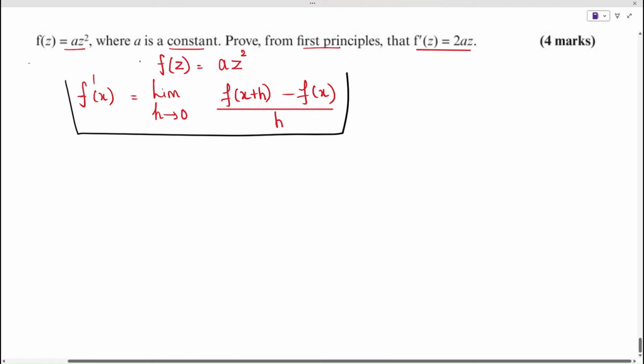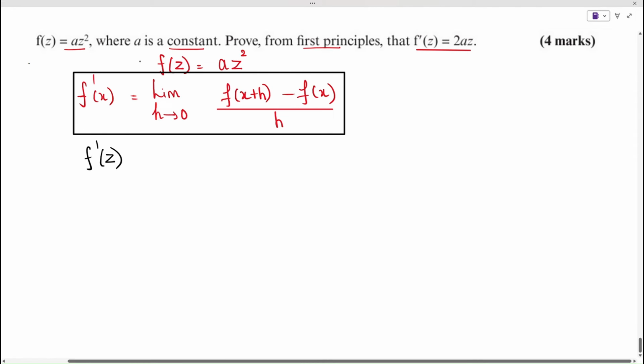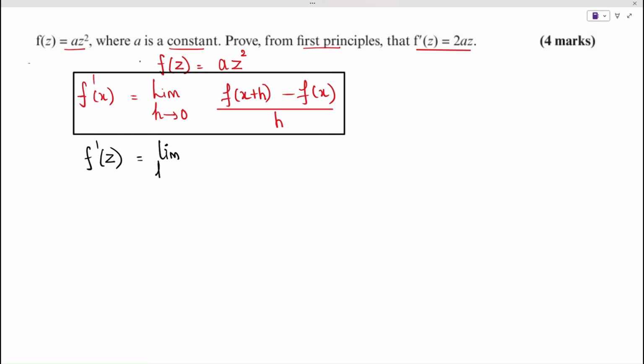So we know that f prime of z is equal to lim as h tends to 0. Now we'll substitute our values of z plus h and z. So this would be a times z plus h squared minus a times z squared all over h.